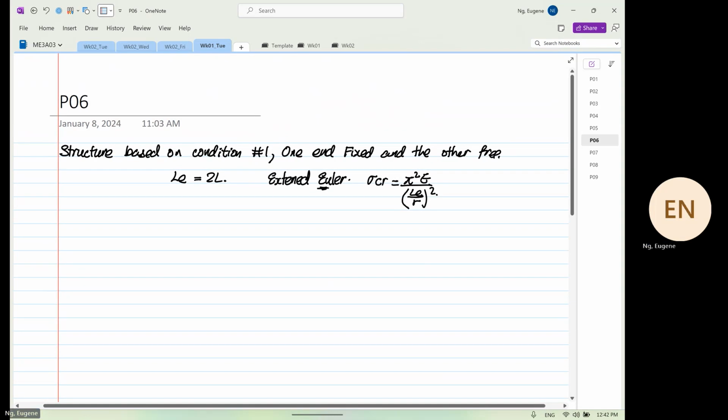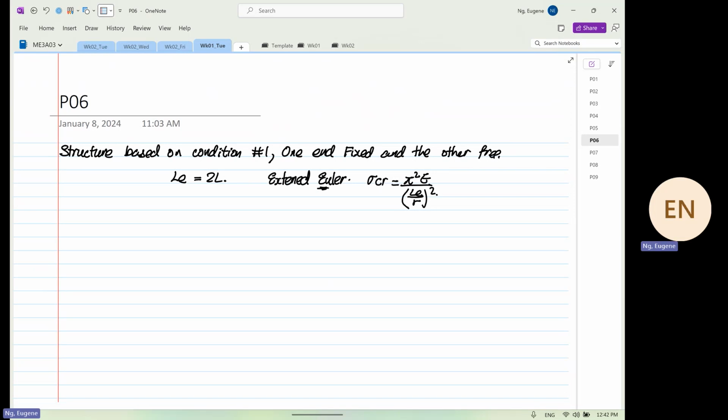Right, so now we calculate our critical load. Based on this, we calculate our critical load. So now this is 250 times 10 to the power 6, and this is equal to pi squared times 200 times 10 to the power 9. So now we have 2L over R squared.